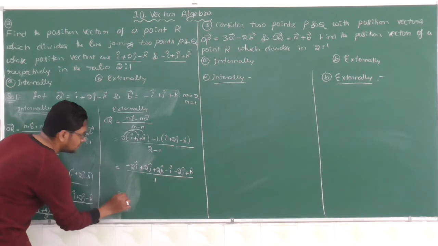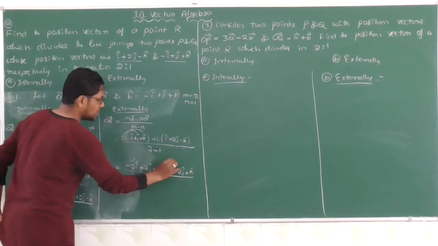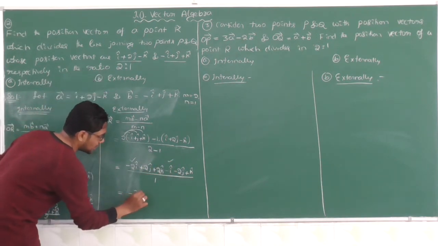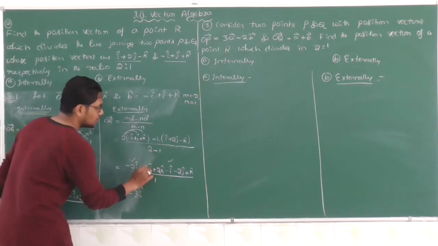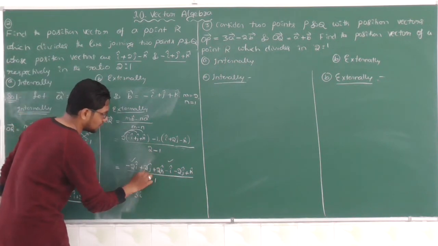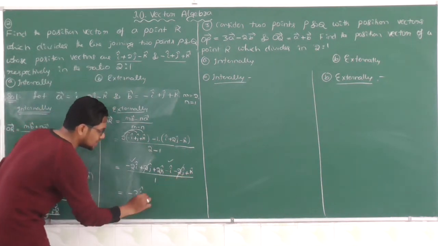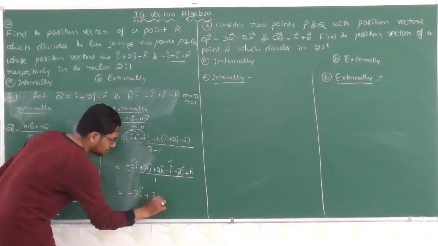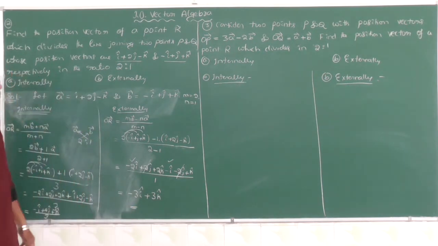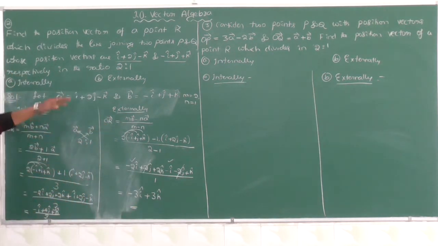That equals minus 2i minus i, which is minus 3i cap. Next, plus 2j minus 2j cancels, and plus 2k plus k is plus 3k. Hence it is the required position vector for the external case. This is the answer for the second case.